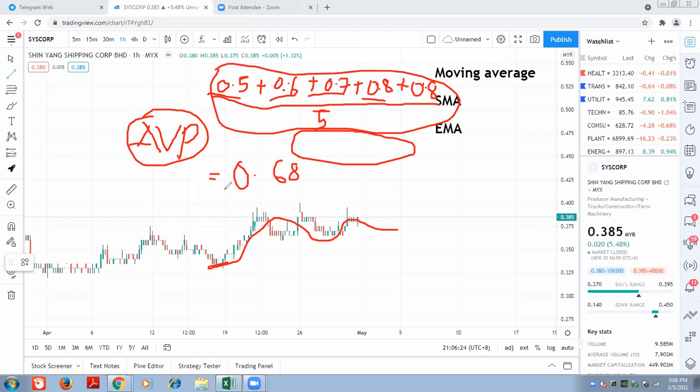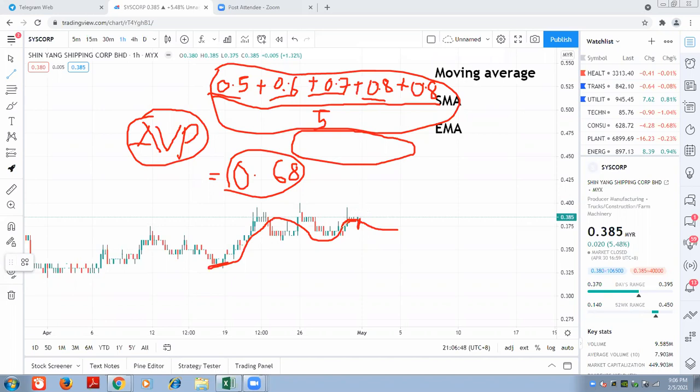So 0.68 is at the end of the candle. It always stays at the end of the price and moves along with the price. When you see the candle end up at the MA line, if the MA line equals the candle, it normally closes at the candle price.